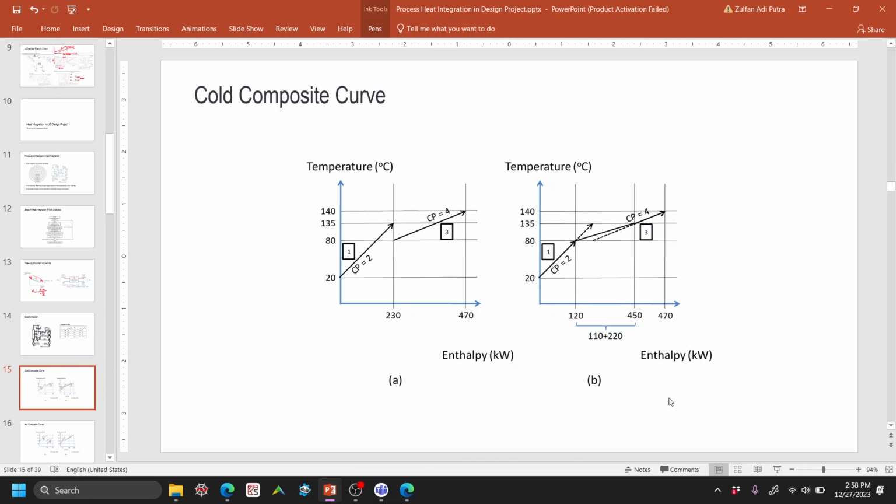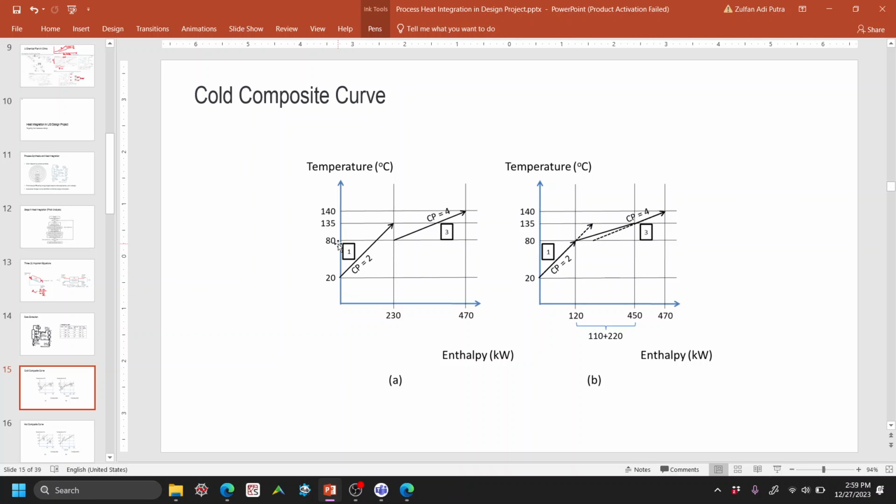And then this is the basis of the composite curves. Say for example, for the cold composite curve, we have stream number 3 and stream number 1, which I just mentioned. So 20 to 135, and then 80 to 140. And then they have the enthalpy for stream 1, enthalpy for stream 3. For this interval 20 to 80, the CP is 2 because there's only stream 1 in this interval. So we put it there from 20 to 80 with the same slope, CP of 2.